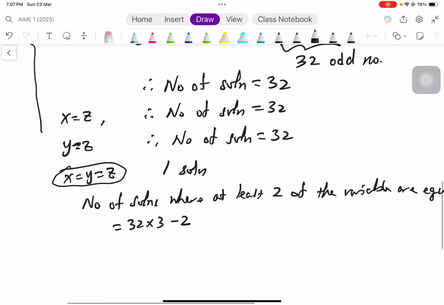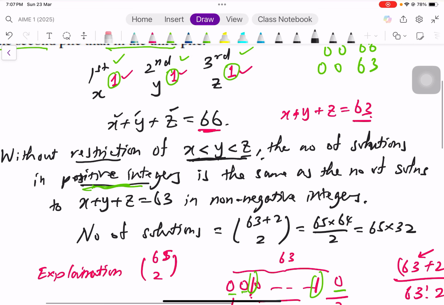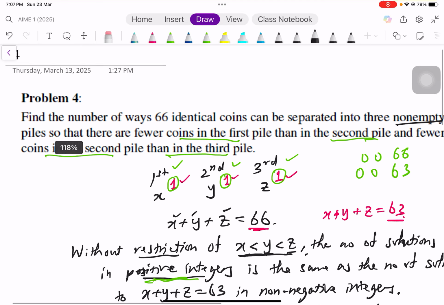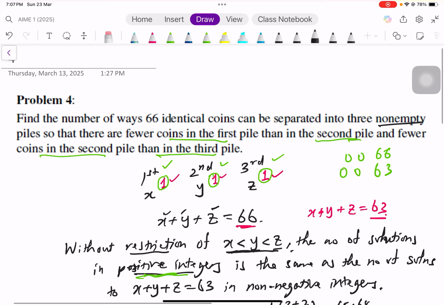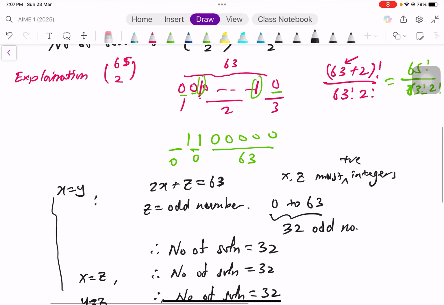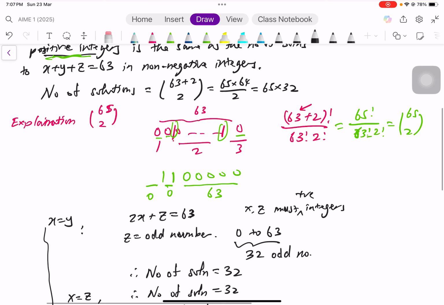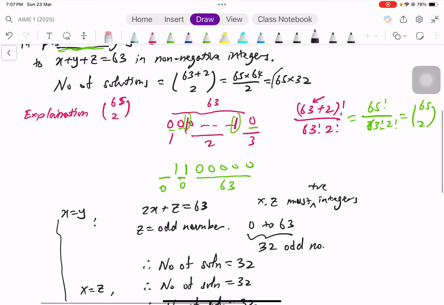All right. And therefore, what is the required solution? The answer to this question, whereby the number of coins in the first pile is fewer than in the second pile, and fewer in the second pile than the third pile, is actually 65 times 32, minus away all these cases.